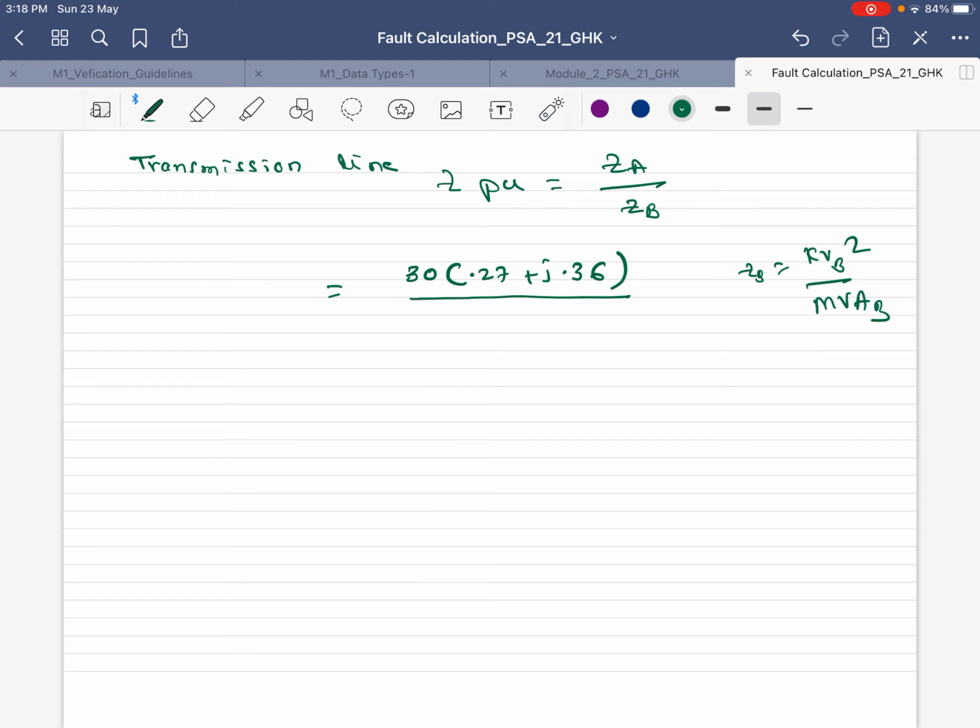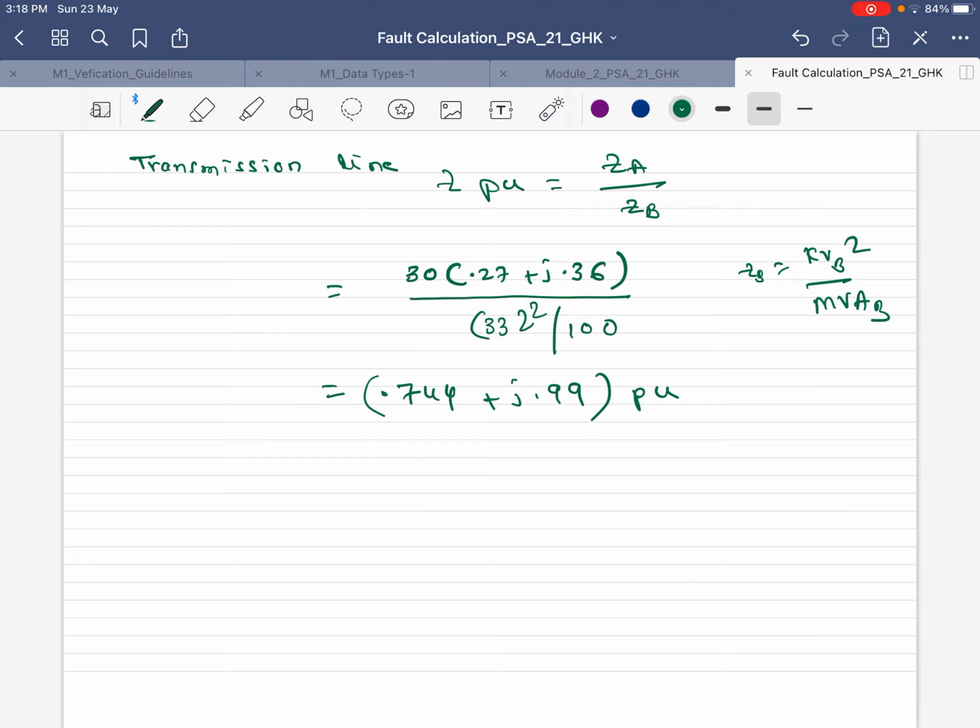Therefore, it is 33 square divided by MVAB, which is 100. Then you are getting a per unit reactance of the transmission line, 0.744 plus j0.99 per unit.